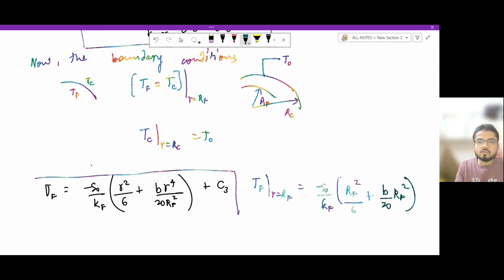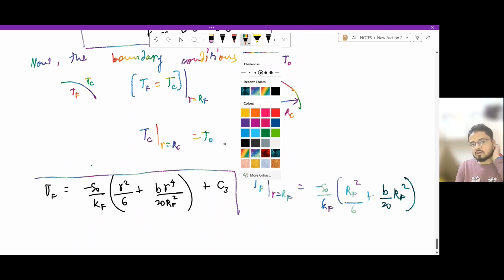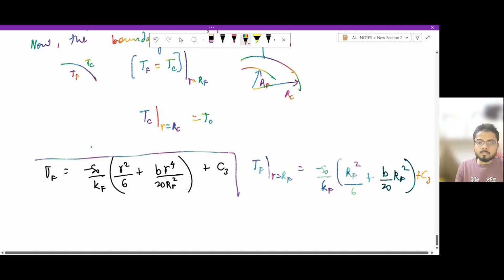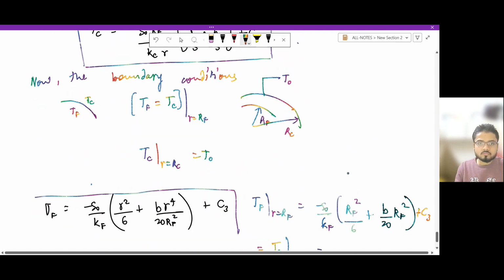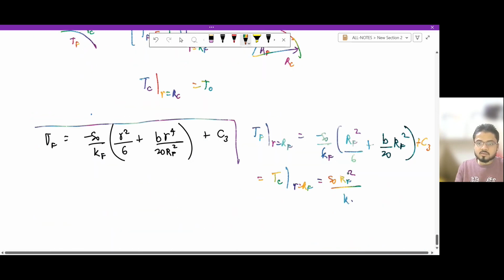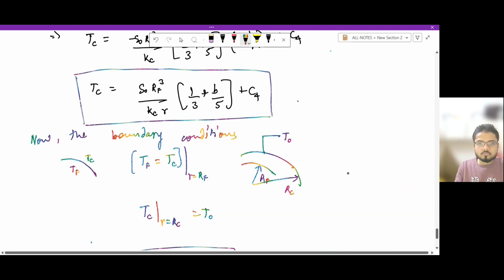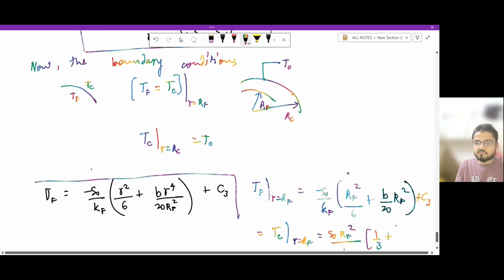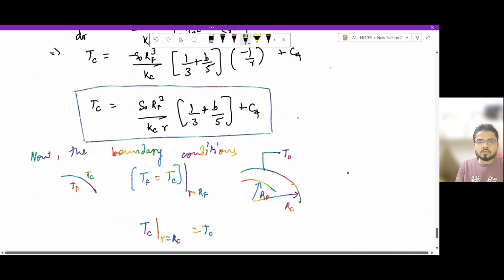So that's RF to the power 4 divided by RF squared, which would yield RF squared, plus C3, is equal to TC at R equals to RF, which is equal to S naught times RF squared divided by KC, and the usual 1 by 3 plus B by 5 plus C4.